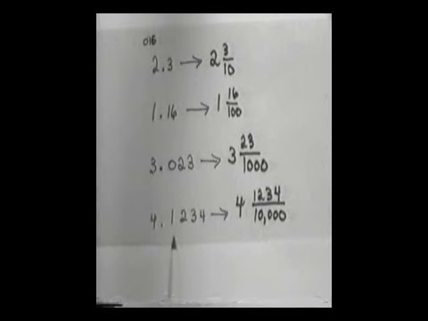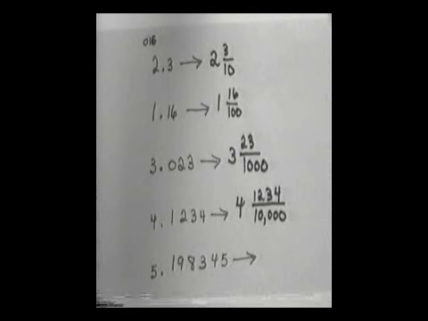So even though it looks like we have a whole lot of stuff there with the 1, 2, 3, 4, what it actually means is that we've split our whole up into 10,000 little pieces, and we're going to use 1,234 of those pieces. So we're actually only using a small fraction of it.